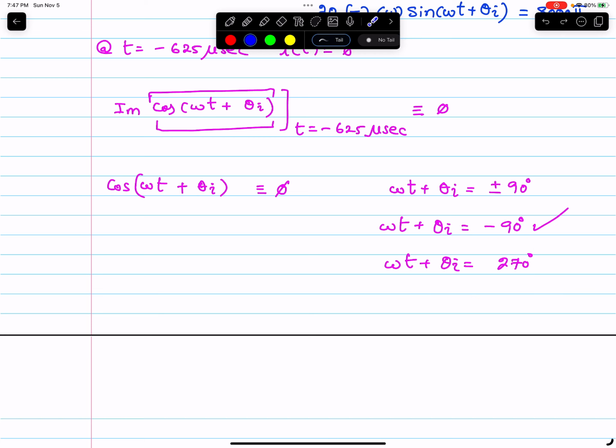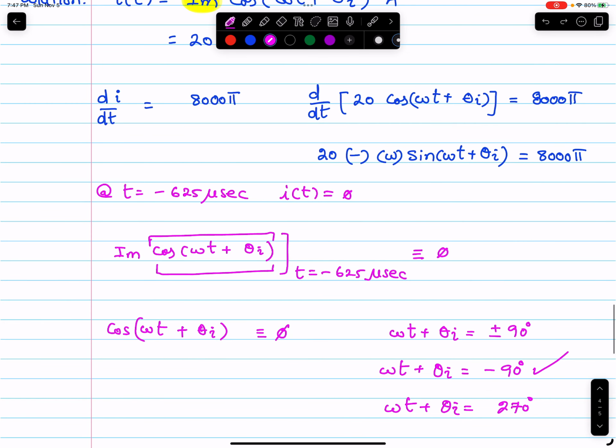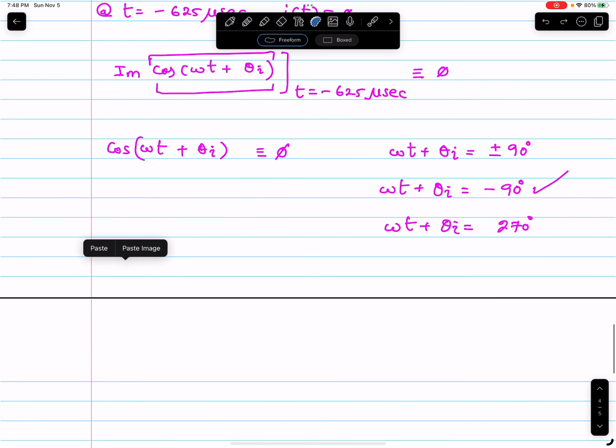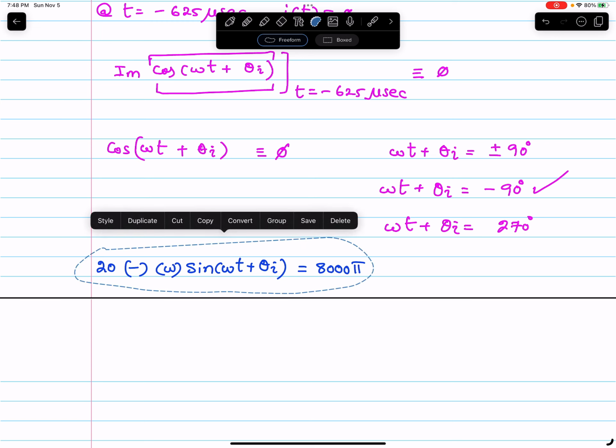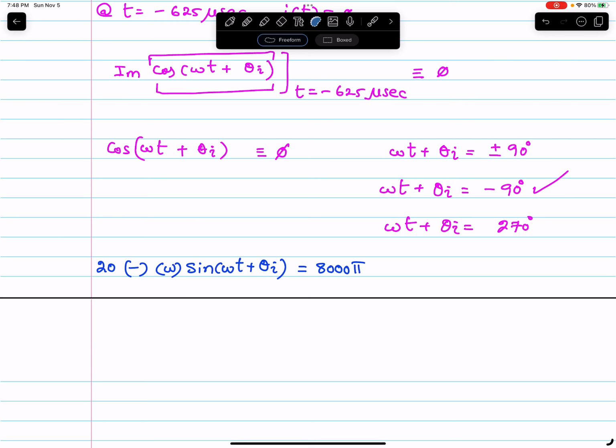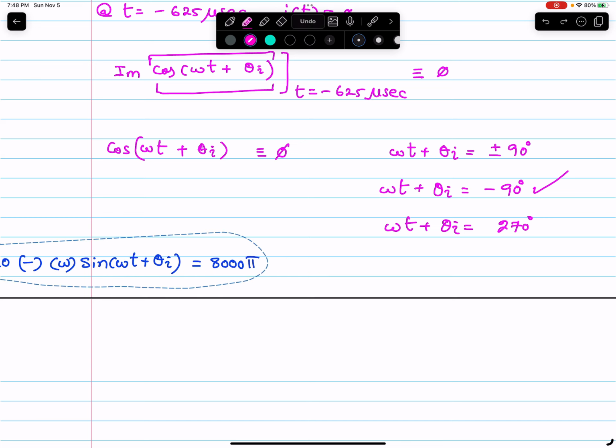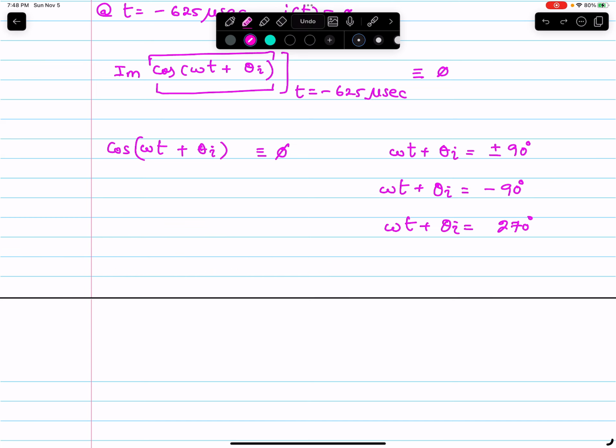So let's bring back this equation here, copy it and paste it over here. I'm bringing this from the previous equation that we solved: 20 times negative omega sine(omega t plus theta i) is 8000 pi. Now pay careful attention. Oops, what happened there? I'm going to redo everything.